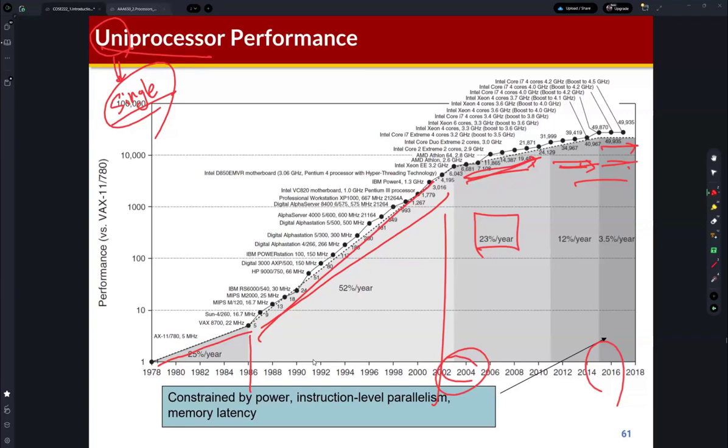Then you cannot use this desktop computer, even though it is so fast, right? Because of power, if we increase the performance of a single processor, then this single processor will consume much power. This is the problem.